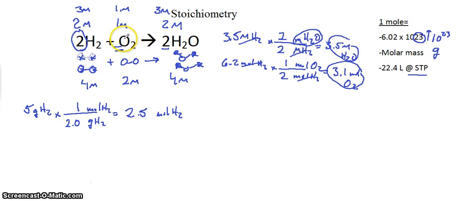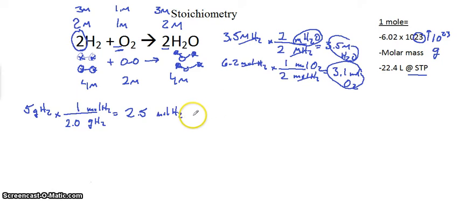If I said how many moles of oxygen are needed, it would be half that, which of course would be 1.25. So I can then convert that. Let's do the oxygen as an example. Let's say I said to you, how many grams of oxygen will be needed in this reaction?